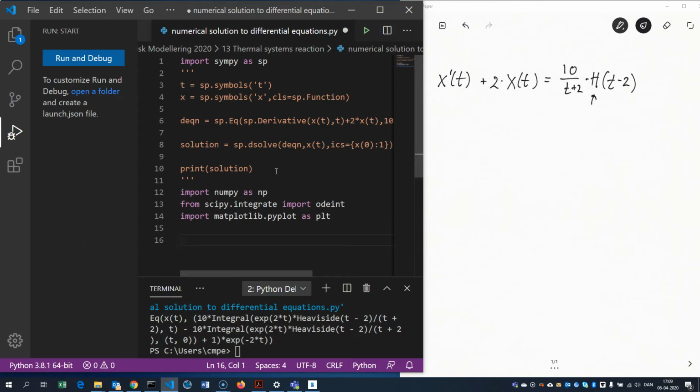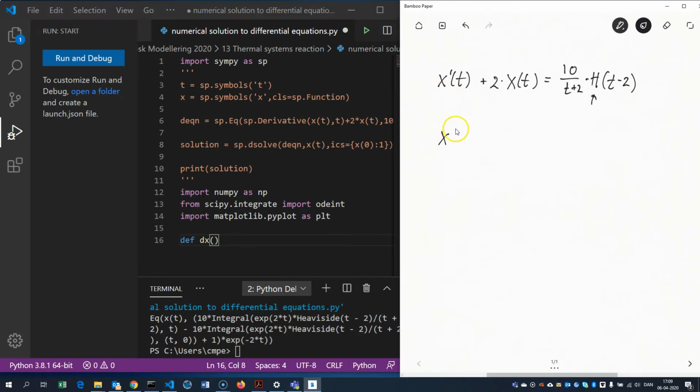And the first thing we need to do now is to define the differential equation, and I'll call it dx. And dx, that's my notation for x prime. So what we need to define now is what is x prime equal to?